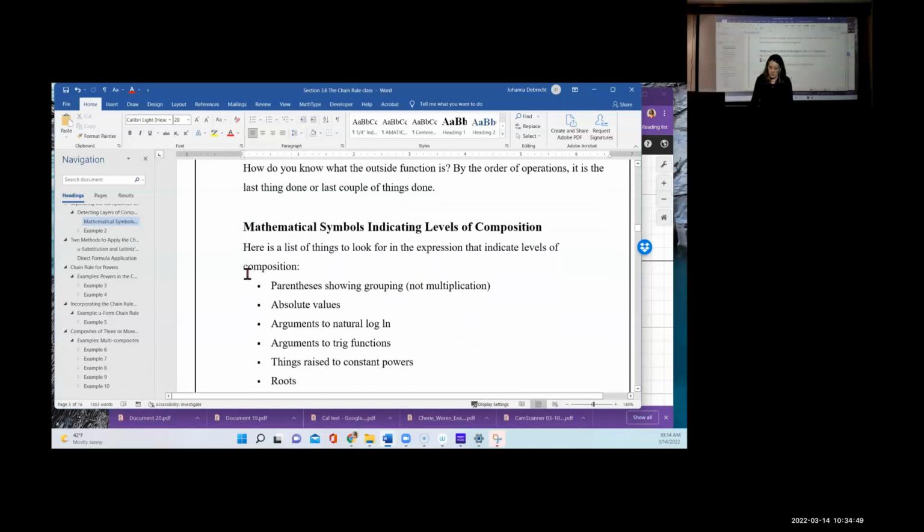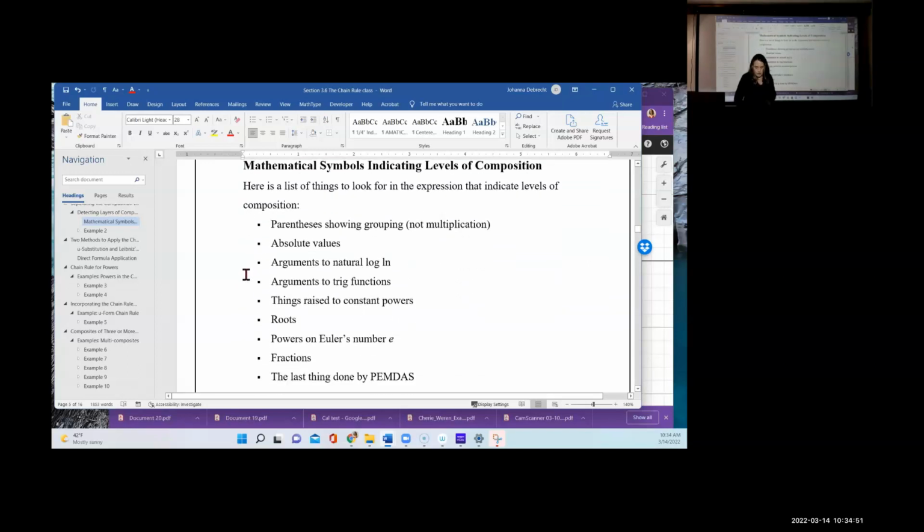So here are some things you want to look for when you're trying to figure out what the layers are. You want to look for parentheses which show grouping, not multiplication. If it's showing multiplication, it would be down on the multiplication level.